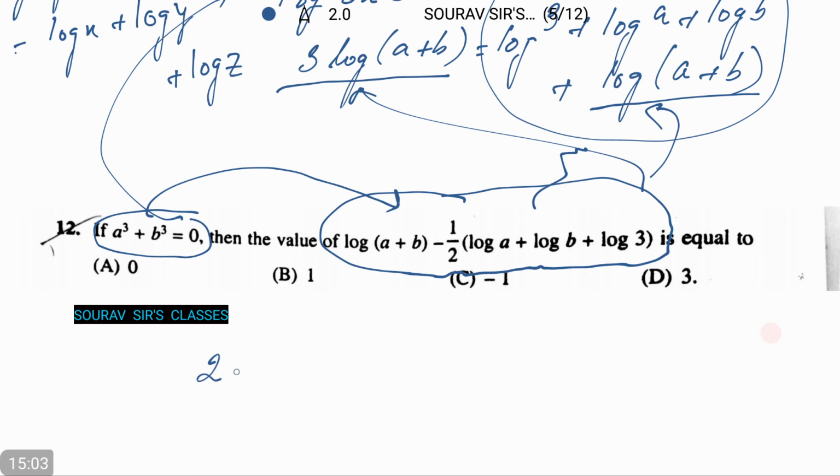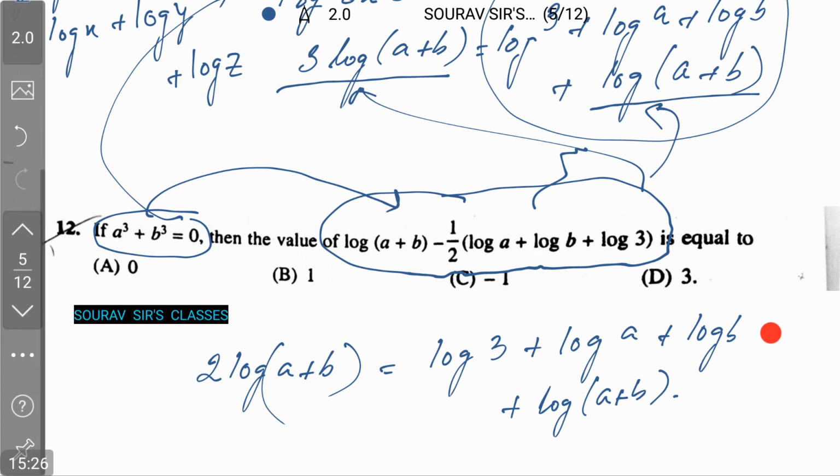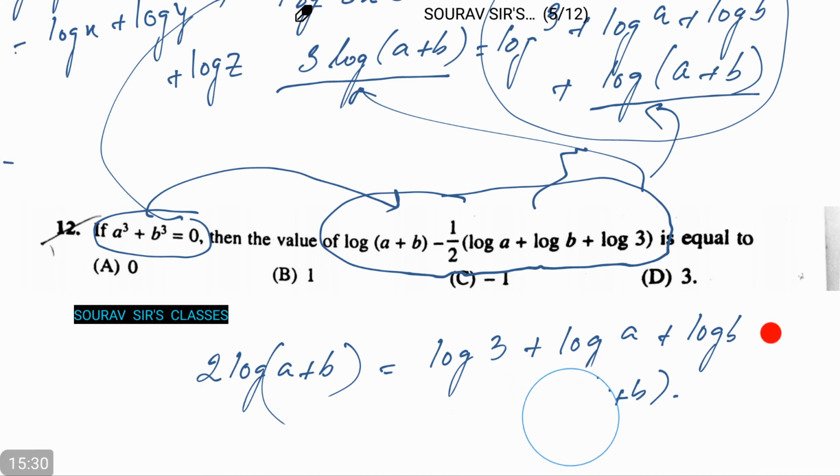So we have 2 log of a plus b equals log 3 plus log a plus log b plus log of a plus b. Oh, I'm sorry, this a plus b was already taken. Hang on, I'll have to rub that bit out.